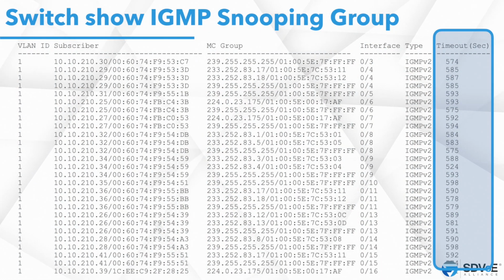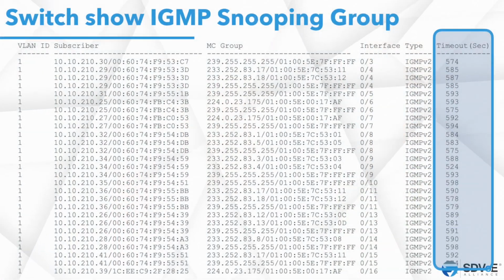If you want to be a master in multicast, you need to learn how to read those IGMP group snooping tables. The timeout column is extremely important because remember, the IGMP querier is going to stop sending the multicast after a period of time if there is no confirmation from the IGMP endpoint that the multicast is still desired, right?